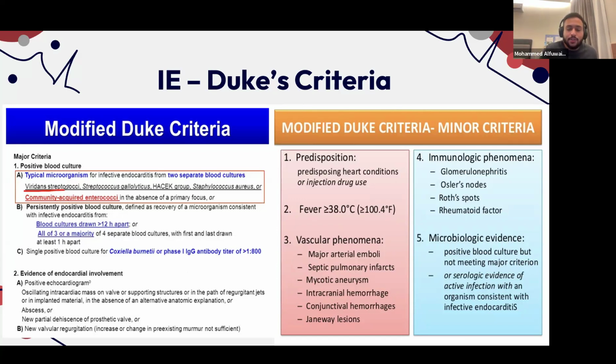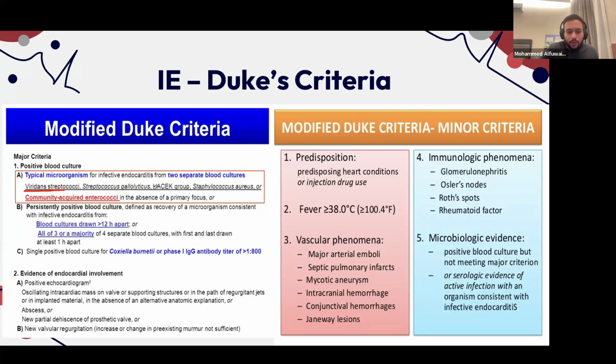Now, strep viridans. What population of patients typically have strep viridans endocarditis? Dental. Remember dental. Either had a dental abscess, dental infection, dental procedure, whatever the case, strep viridans. Okay? Good. How about strep gallolyticus? What population? Colon cancer. Excellent.